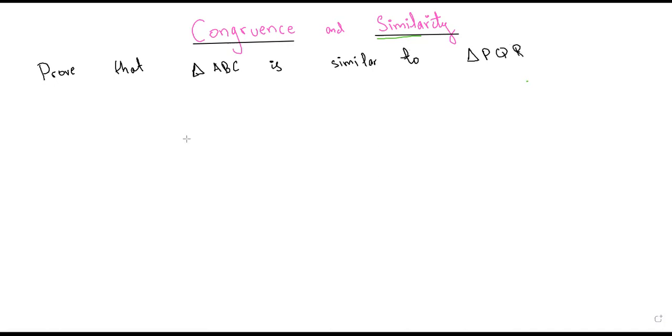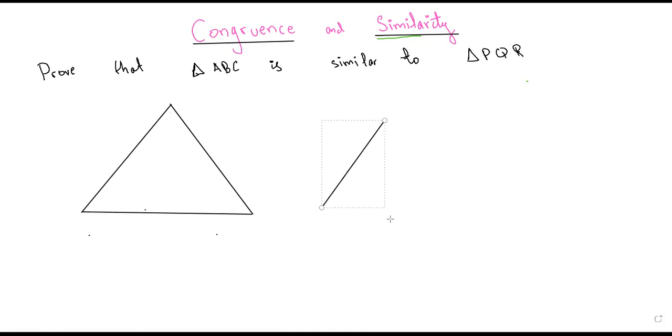Okay, so I'll make two triangles. Okay, so these are the two triangles. I'll label them quickly. This is A, B, C, and this is P, Q, R.